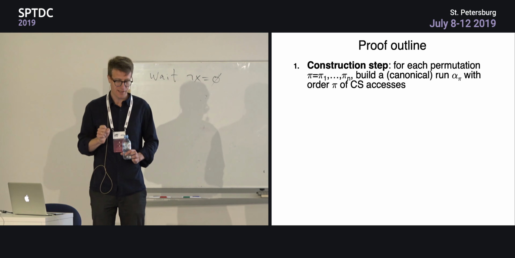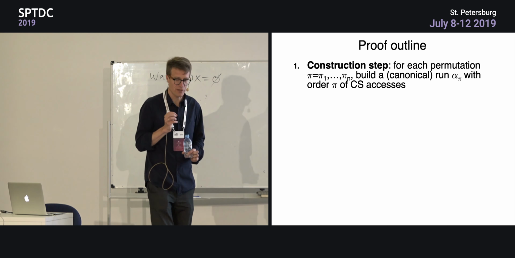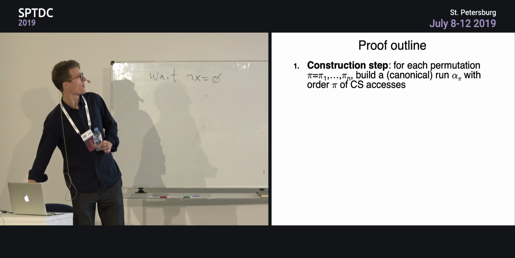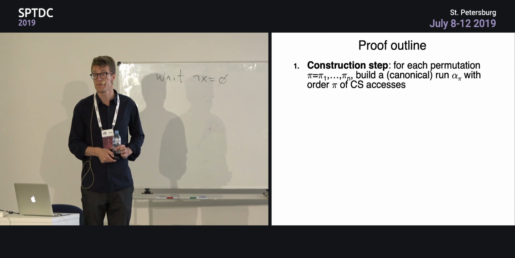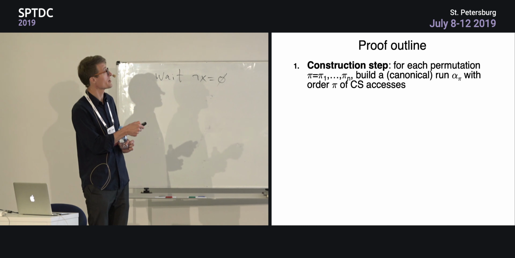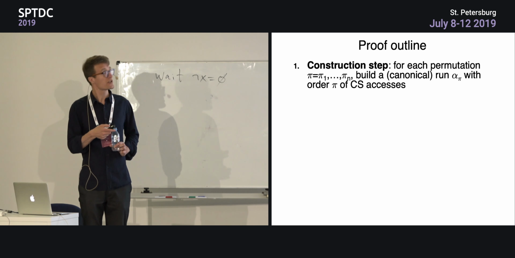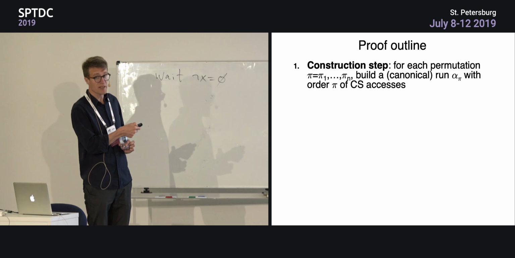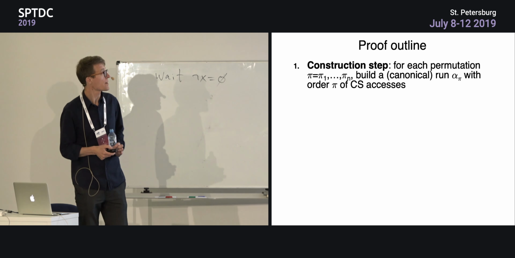You take some constructions and you get executions with specific orders of critical sections. For example, you take a permutation pi1 to pi n. This is a specific permutation of the set of processes p1 to pn, in which critical sections are accessed in this particular order.